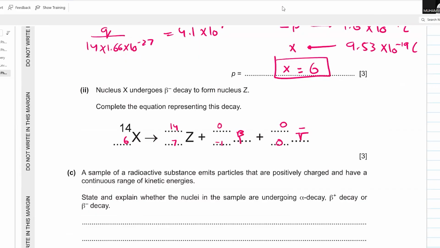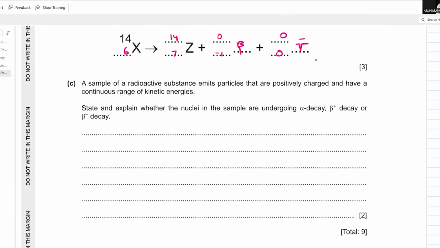Simple. A sample of radioactive substance emits particles that are positively charged and have a continuous range of kinetic energy. State and explain whether the nuclei in the sample are undergoing alpha decay, beta positive decay, or beta negative decay. First of all, if you have a continuous range of kinetic energies, it cannot be alpha particles.